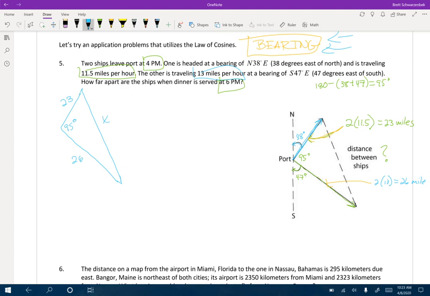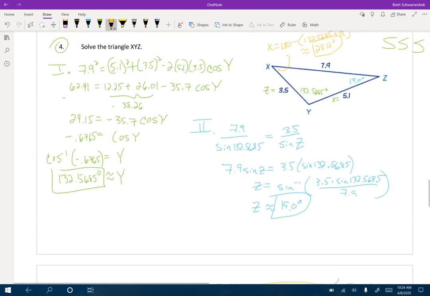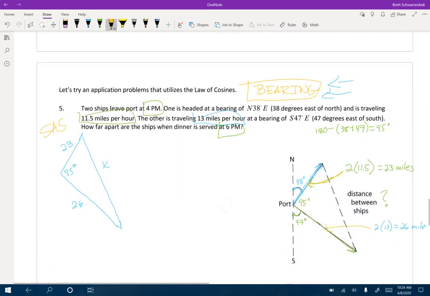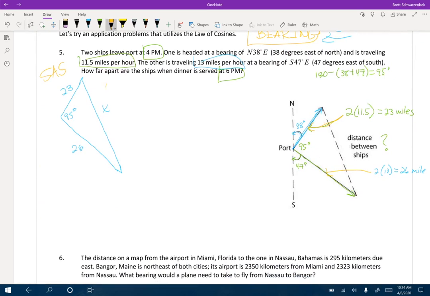If you look at this picture right now, this is a pattern of side, angle, side. Which means if we have a pattern of side, angle, side, we should be able to use the law of cosines in order to find a missing piece. So this is going to be a little different than the previous problems that we did, right? Because we're not trying to find all the sides, we only need to find this one.